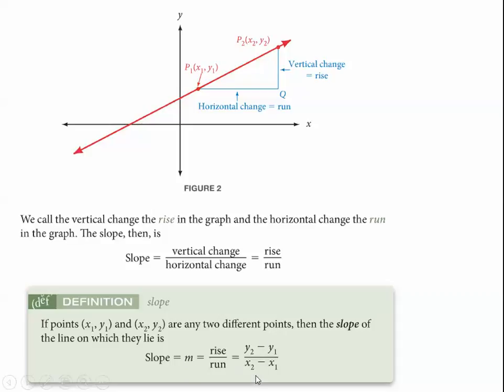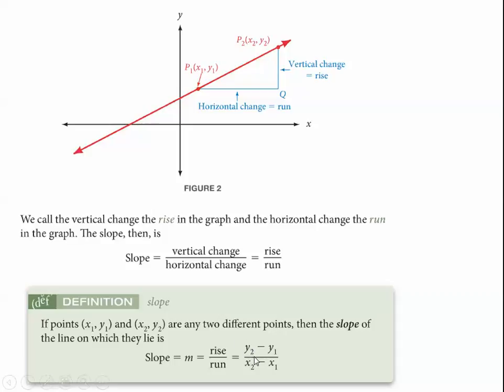But this formula is very important, so write it down if you haven't done so already. So y2 minus y1 divided by x2 minus x1. And let me explain a little bit here about the 1's and the x's and the 2's. The 2 and the 1 are there because the 2 says it's the second point.